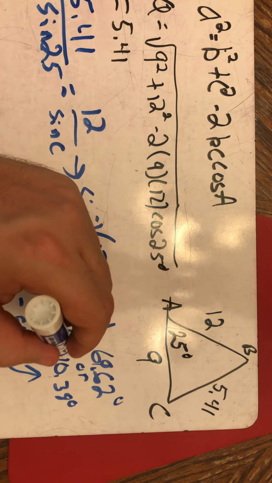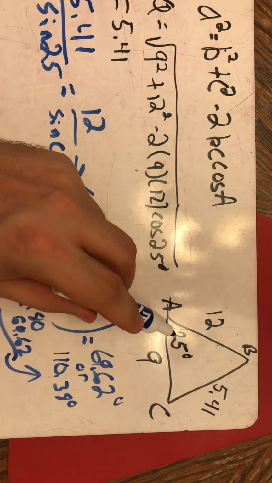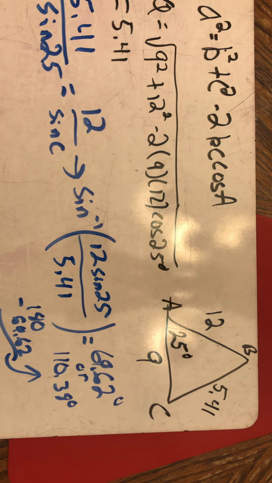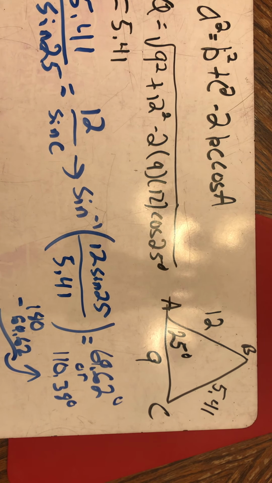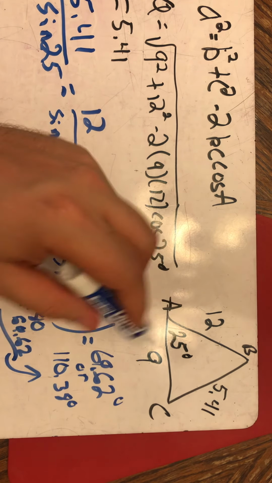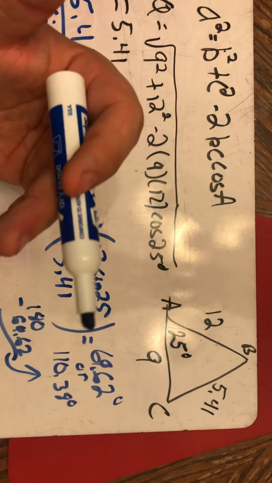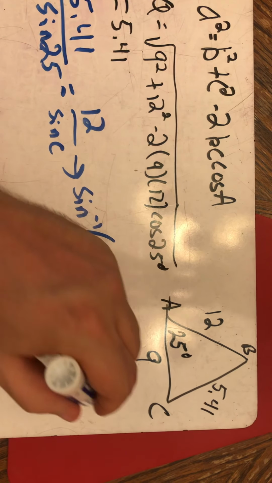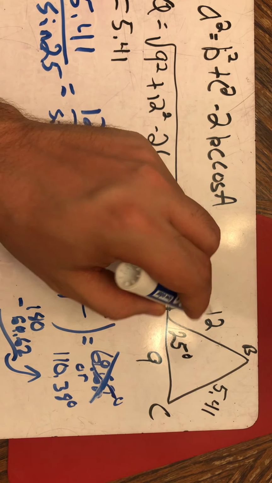The reason why this is significant is because if we take this 110.38 plus this 25, if that still gives us a number less than 180, then that means it's a possibility. And 25 plus 110.38 is 135.38. That is less than 180. That means this one is a possibility.